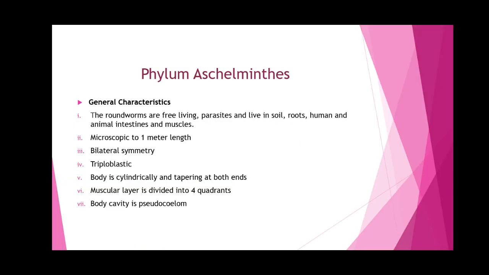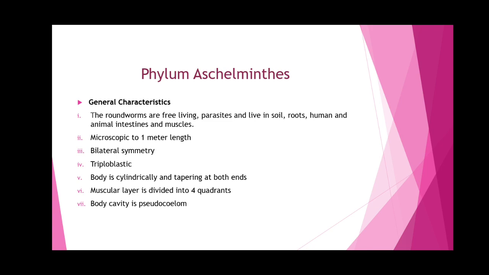The next group is called phylum Aschelminthes. Now we will talk about the general characteristics of this group, which is also known as roundworms or Nematoda. The roundworms may be free living or parasites.